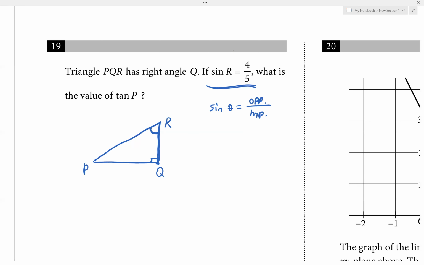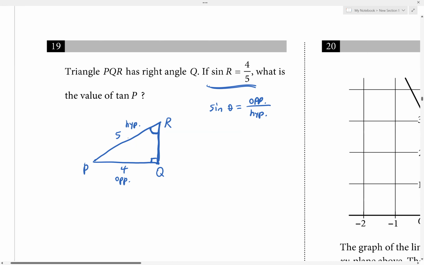Which side is opposite from angle R? It has to be across from angle R, so side PQ is the opposite, and we can say that's 4. The hypotenuse is the longest side in the right triangle, so that will be 5. We can label it like this: the opposite is 4, the hypotenuse is 5.